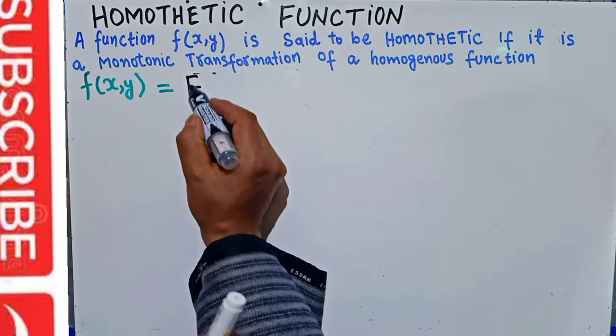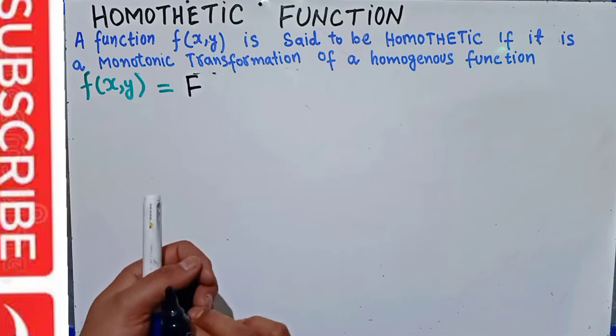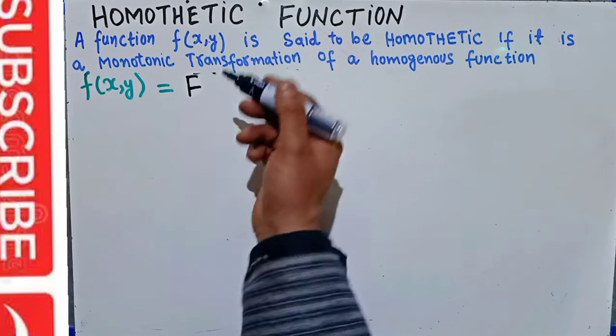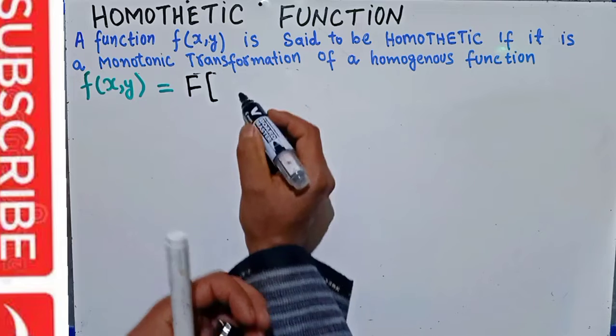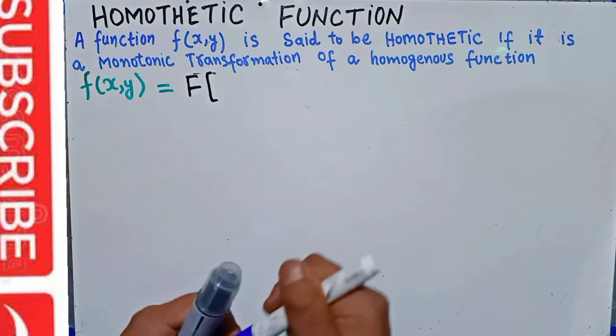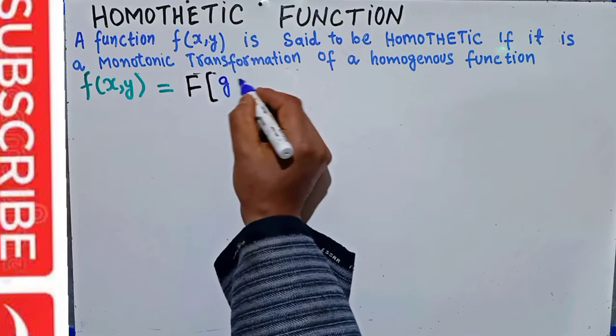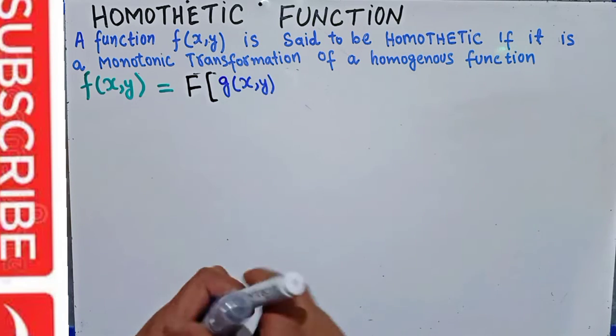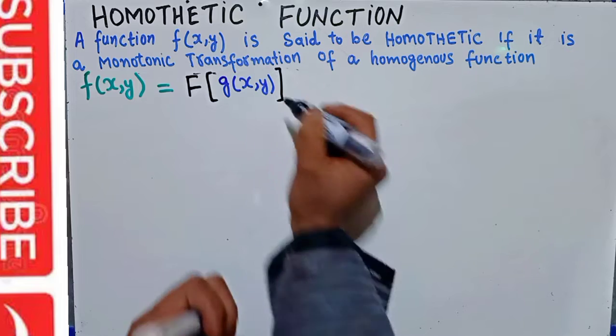By monotonic transformation we mean that we can write it as a composite function, f of g of x, y. Let me explain it.